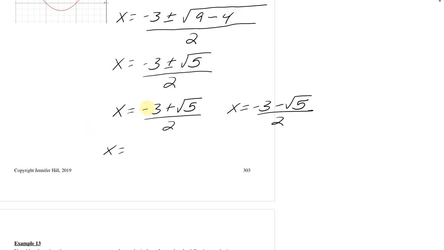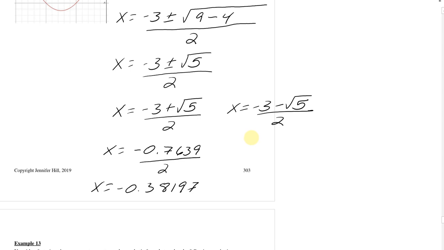So if I just do -3 plus the square root of 5, this gives me -0.7639, and then I need to divide that by 2. And if I divide that by 2, I'm getting x equals -0.3819. We'll round that up to 7. Okay, so that's the first part.